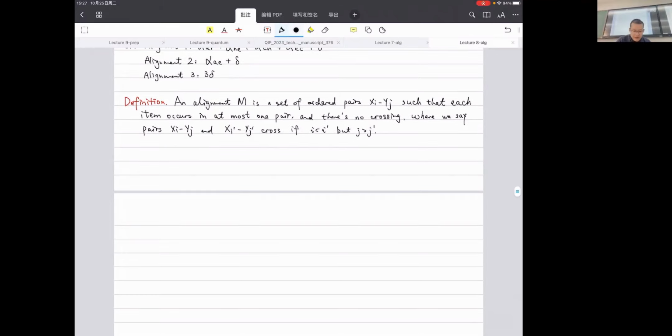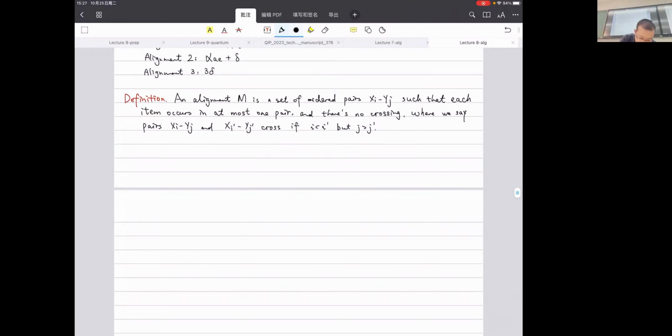Having this formula, we can say that the cost of M is the summation of all the alpha xi yj, where xi yj of course need to belong to this alignment, and we focus on the case where xi yj is a mismatch.